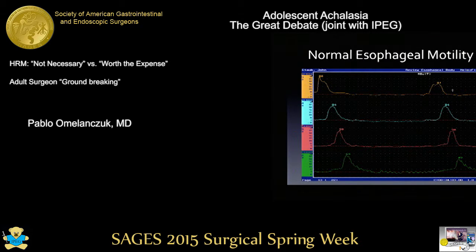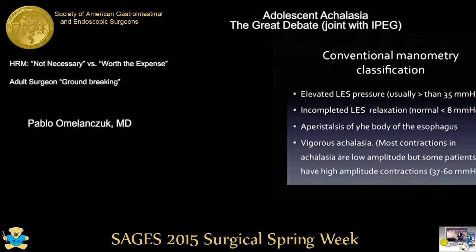And here you have the normal tracing that we see when we do a manometry in a normal patient. With the conventional manometry, we don't really have a classification, but we can mention the elements that we want to see in the manometry to define achalasia, and they are the same that I already mentioned.